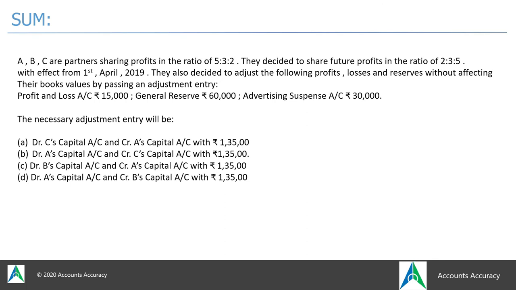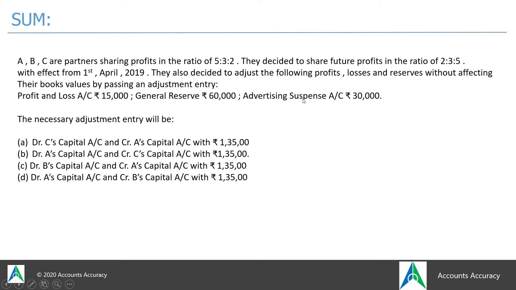Now let's see the next question, which is also a little difficult if you have not faced it before the exam. So you must practice this type of sum also before your exam. This question says A, B, C are partners sharing profits in the ratio 5:3:2. They decide to share future profit in the ratio 2:3:5.